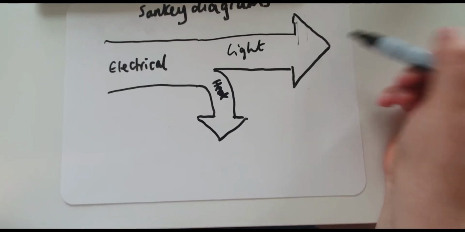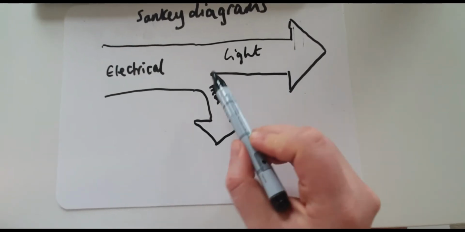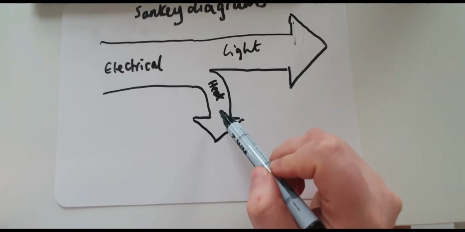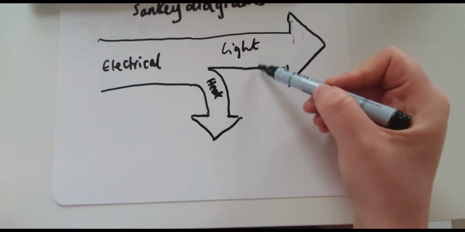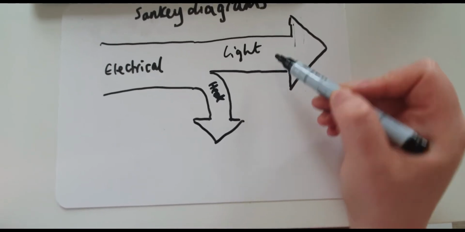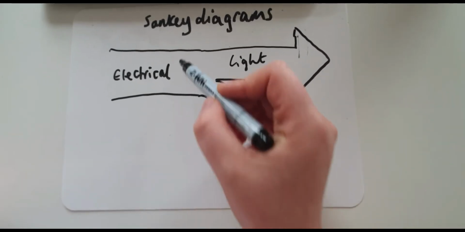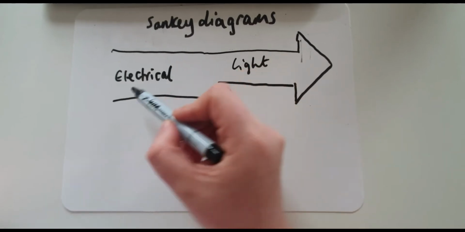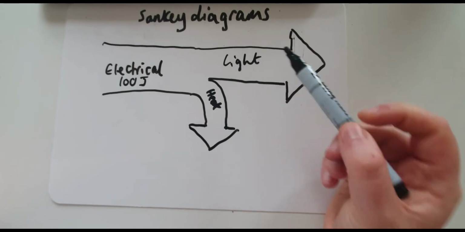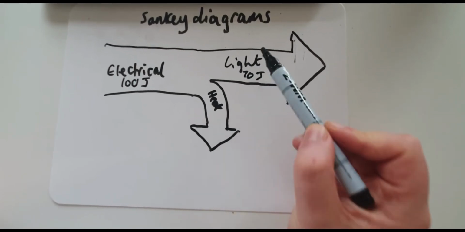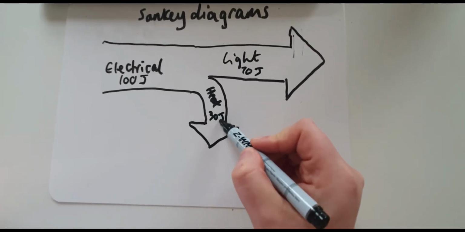Now what is worth mentioning is it doesn't matter how long these two arrows are. Okay, that does not matter. Doesn't even matter how long this section is here. What does matter is the thickness or the width of my arrows. If I had 100 joules of electrical energy, then let's say it's 70 joules light, 30 joules heat.